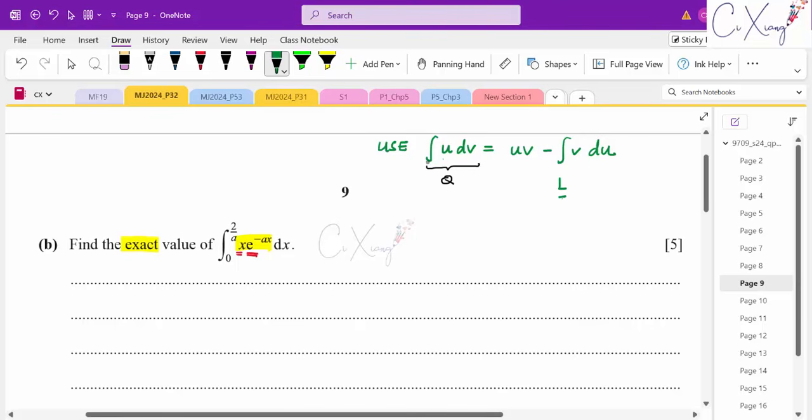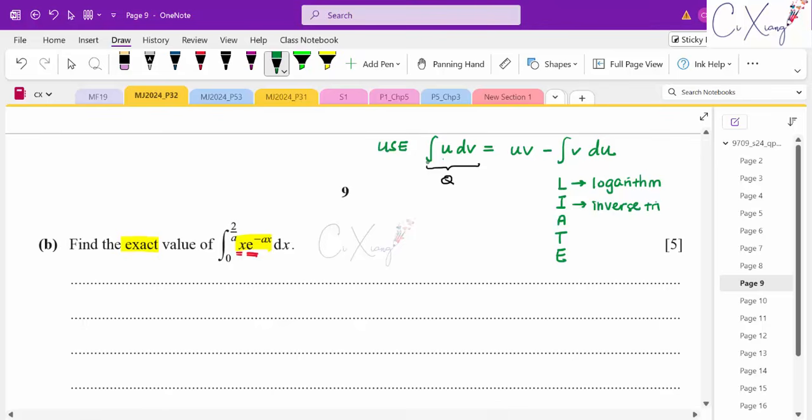We have a rule to decide, which is LIATE. The L will be logarithmic function, I will be the inverse trigo, A will be algebra, T is trigo, then E is exponential.